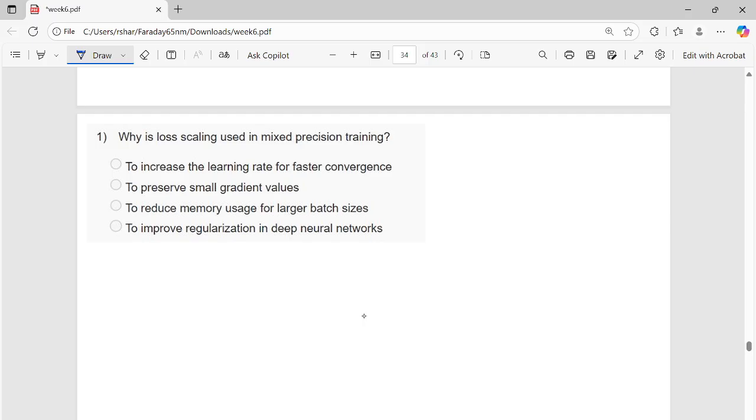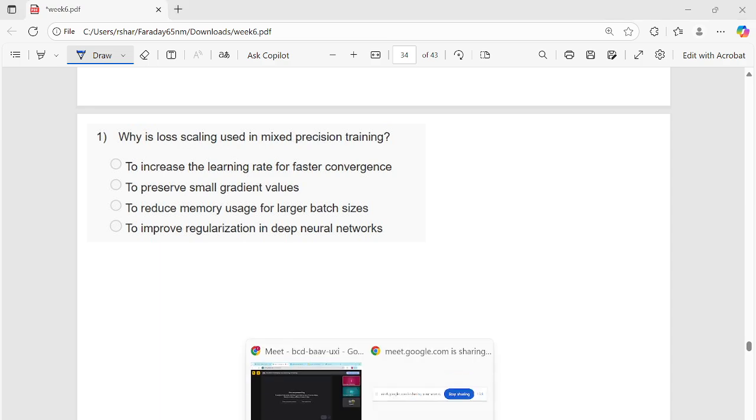So why is loss scaling used in mixed precision training? Yes, what will be the answer?